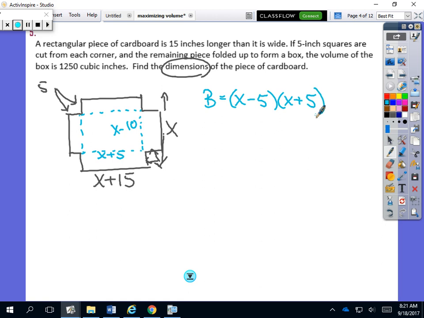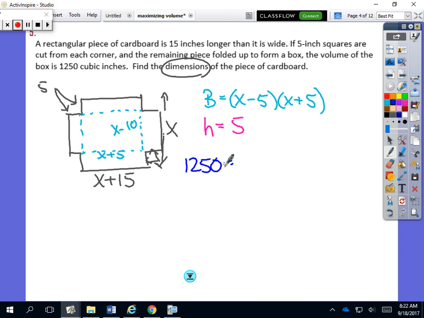Well, what would the height of this new box be? If I take 5 inches off and I fold this up, this length right here is going to be the height of the box because that's how high it's going to go. So the height, or altitude, is going to be 5 inches. So if I write a formula for volume, we know the volume is 1,250 cubic inches. That's going to be equal to the base times the height.